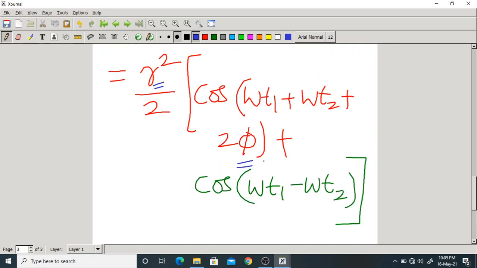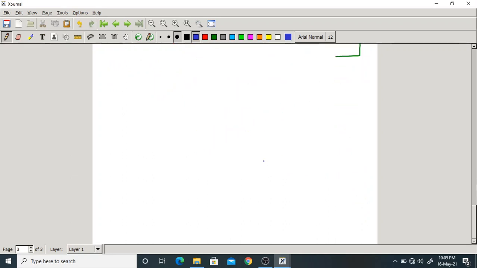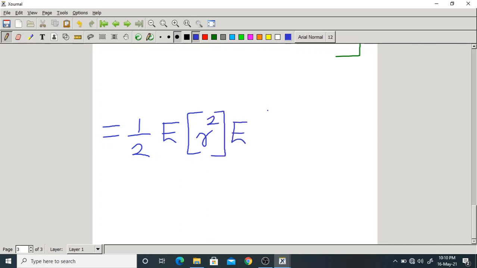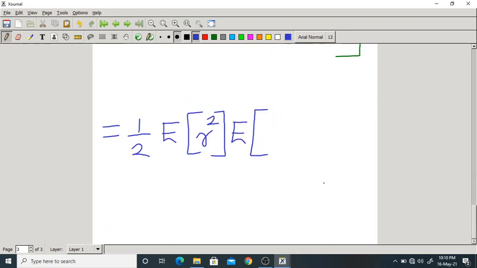So now what I do is I take 1 by 2 outside, expectation of r square, into expectation of this quantity.